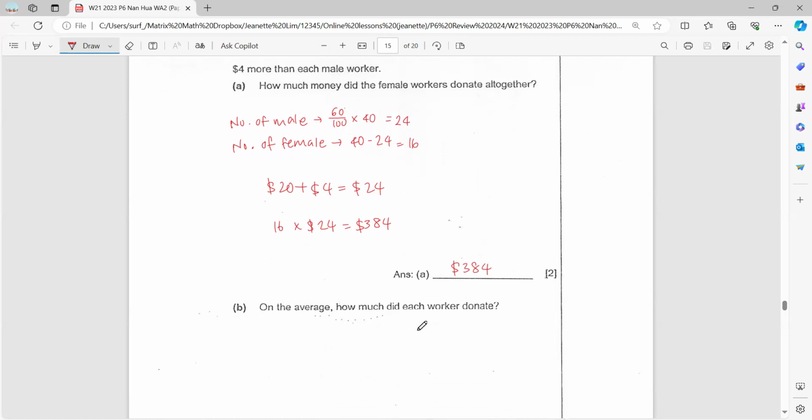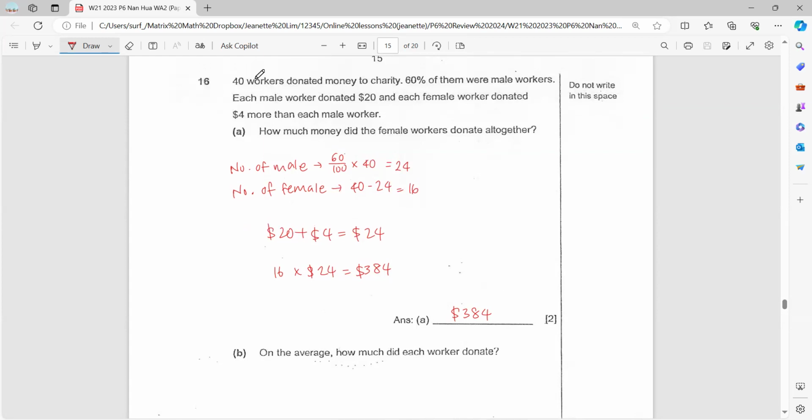On the average, how much did each worker donate? Okay, so to find the average that each worker donate, you need to find how much did everyone donate, divide by 40. So the female workers donated 384. Okay, that's done. Now let's find how much did all the male workers donated. There are 24 male workers.